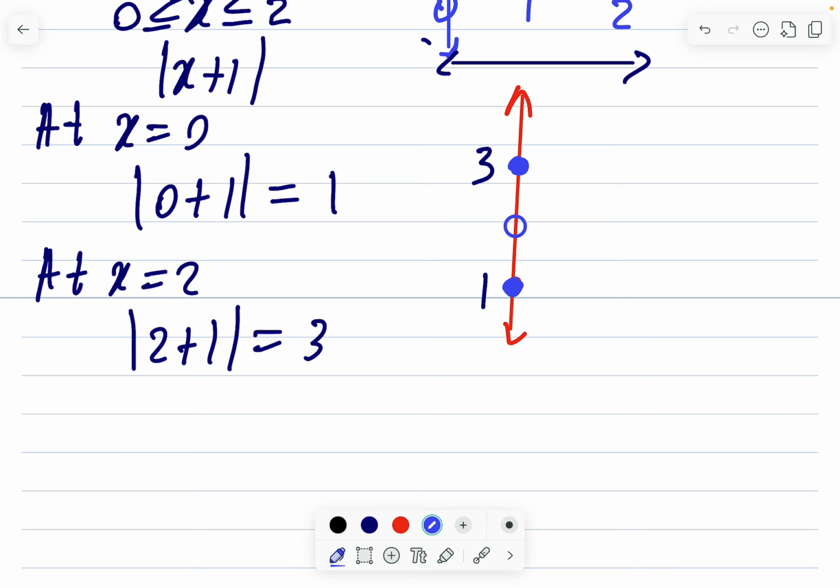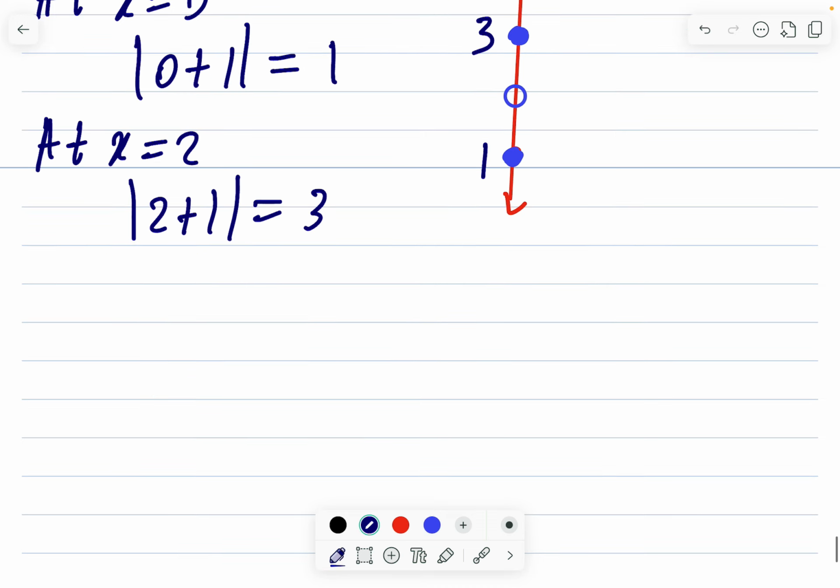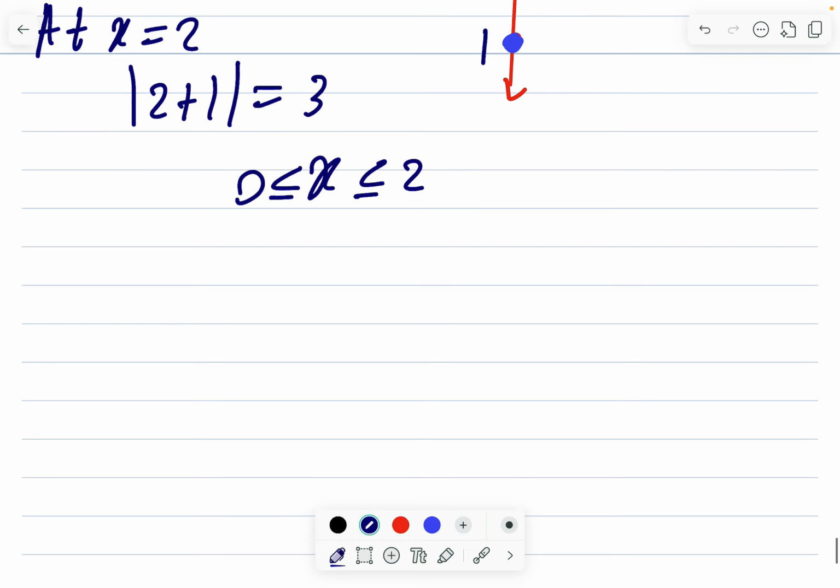We know this is our interval that we choose. The x that is less or equal to 2 but greater or equal to 0 is our interval, the values of x. So the values of x plus 1 are where? Are less than y and greater than y.